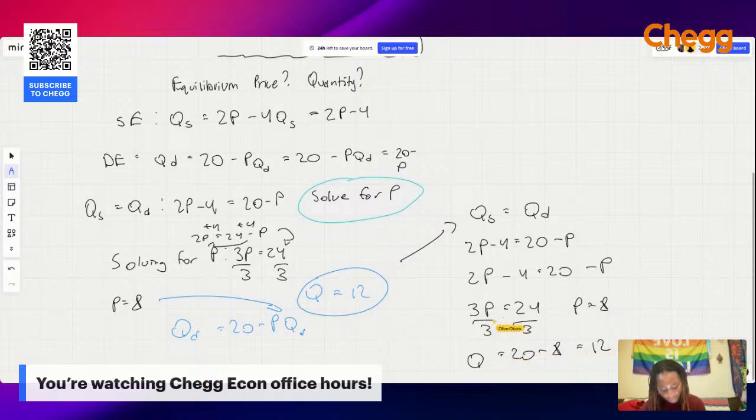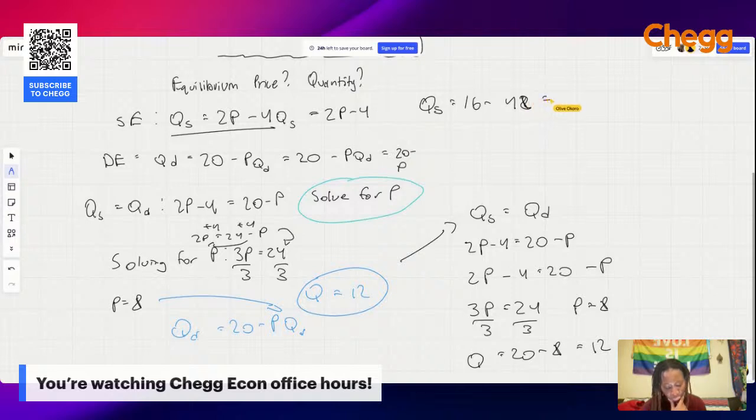Put that into there, and you get that the quantity supplied is going to be 2P minus 4, QS, which is going to be 16 minus 48. I'm going to get a negative number for that. So for this one over here, quantity supplied is going to be 2P, 16 minus 4 times 12, 48.